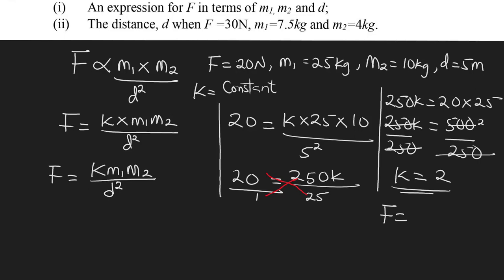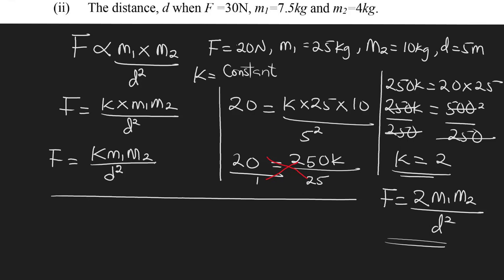It is 2. So it will be 2 m1 m2 over d square. So this is the expression. That's the Roman numeral 1. This is the expression, and this is the equation. This is the expression we're going to use for the next question.